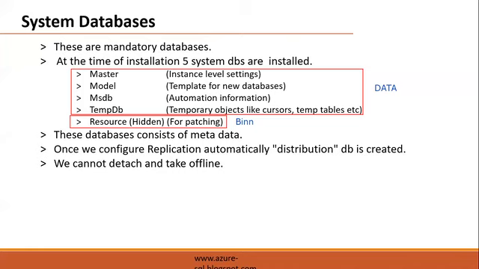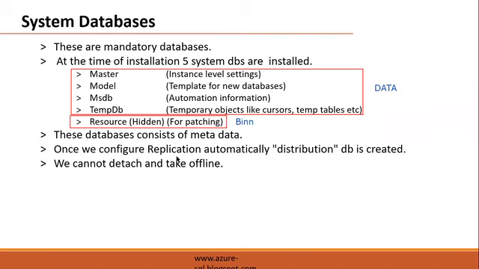Whenever we schedule jobs, alerts, log shipping, all these details are stored in the MSDB database. TempDB, another important database, maintains all the temporary objects. These databases consist of metadata.